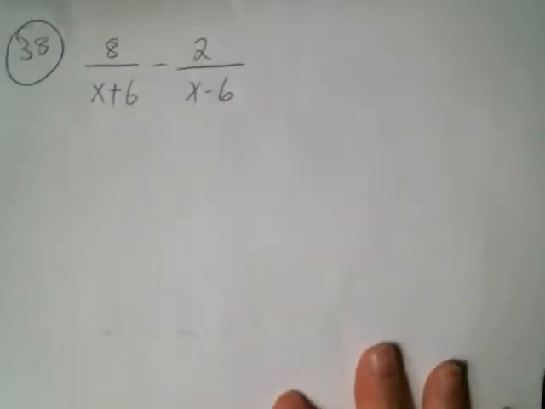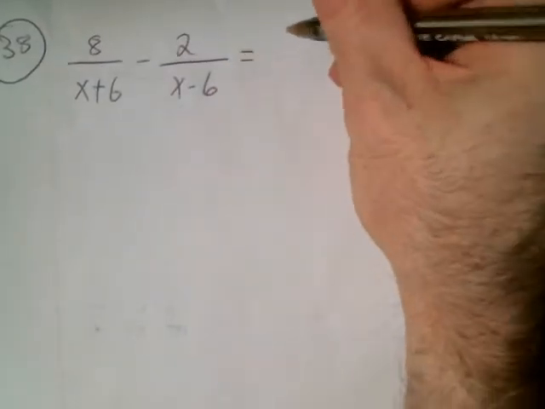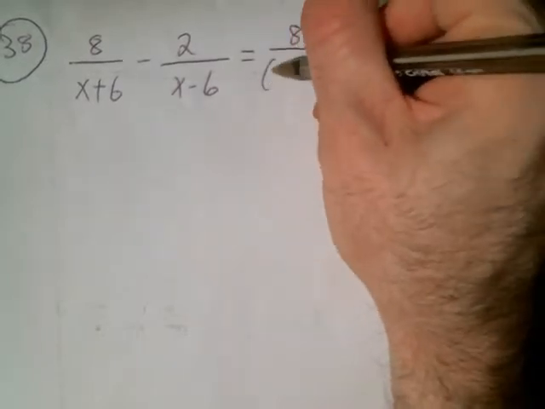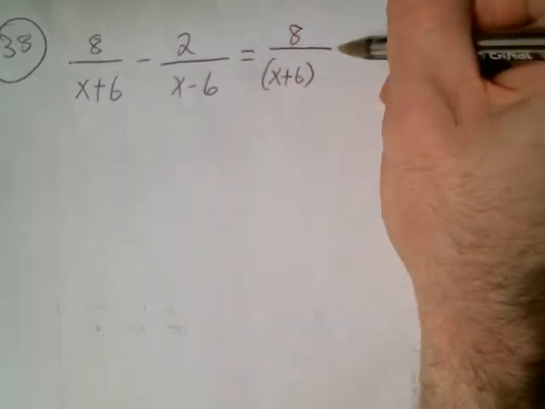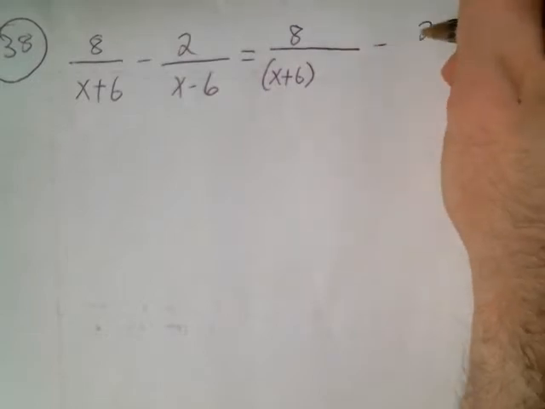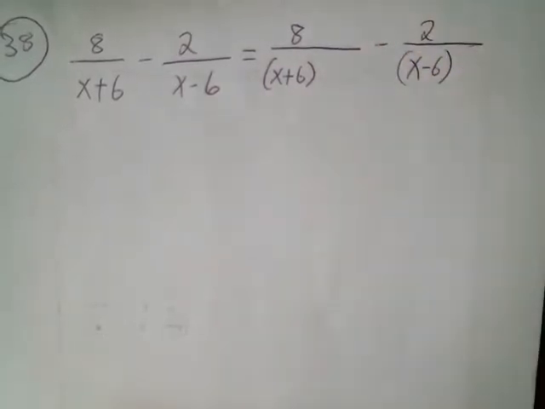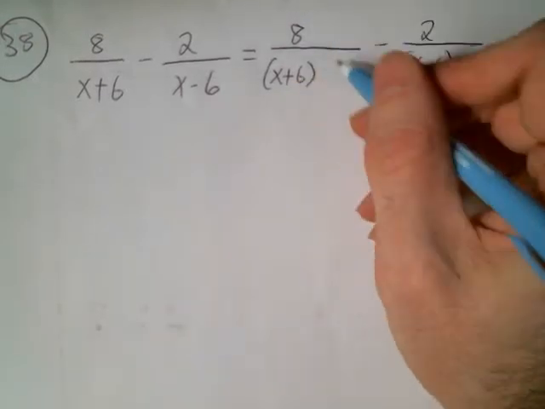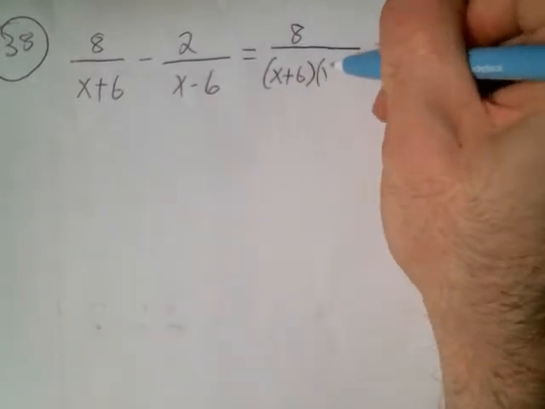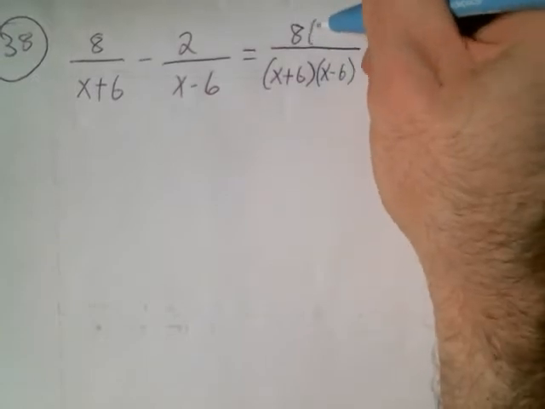Okay, so downstairs it's already factored. You just have x plus 6. And this denominator is already factored, x minus 6. So this denominator needs an x minus 6 in the top and bottom.